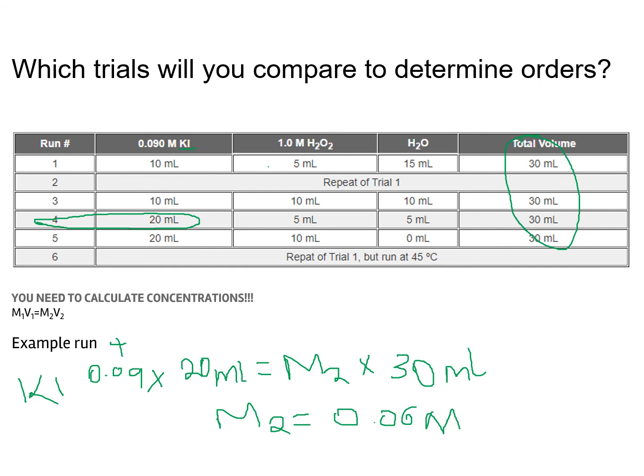And you can also see that here, for example, let's assume that if the concentration here was 0.1, then the concentration here is also 0.1.